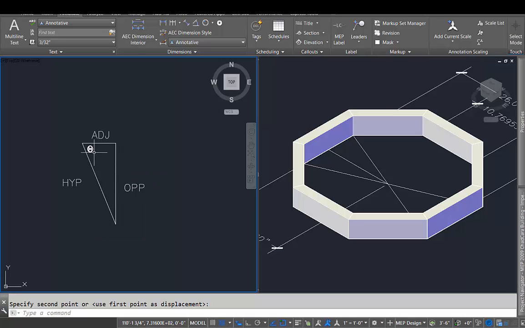If I've got the hypotenuse and the adjacent, that's CAH, right? So cosine of angle theta equals the adjacent over the hypotenuse.